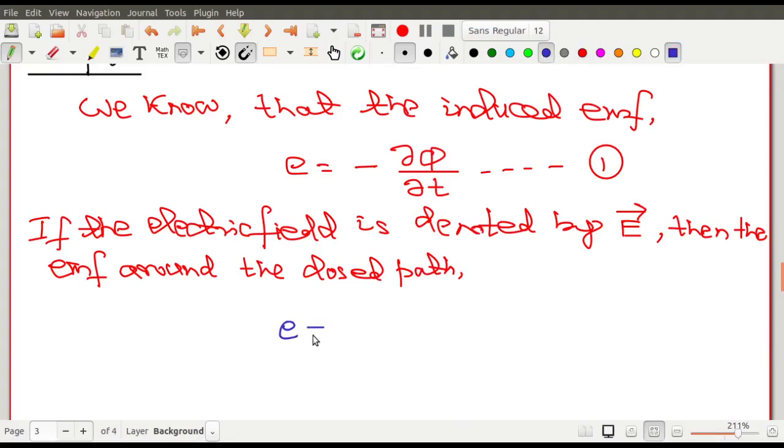Then the EMF around the closed path is E equals closed integral E dot dl.